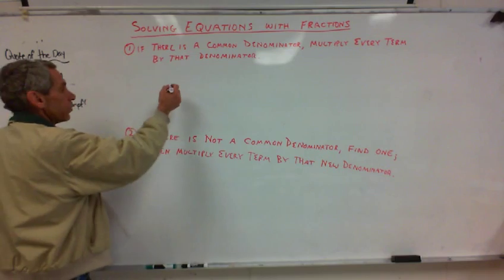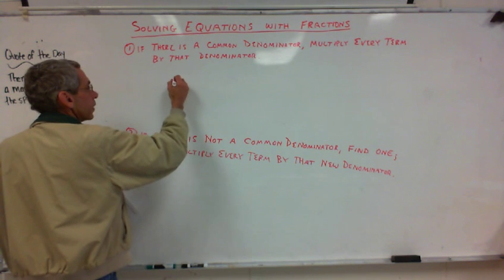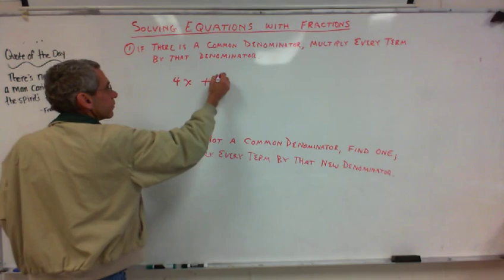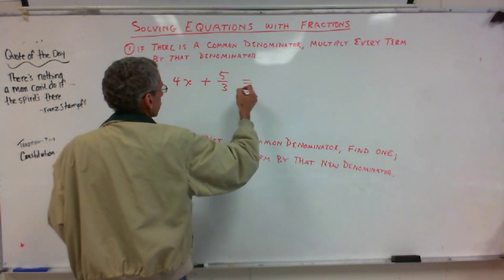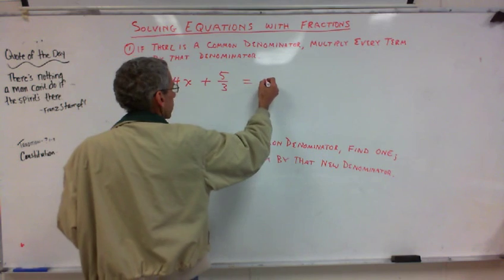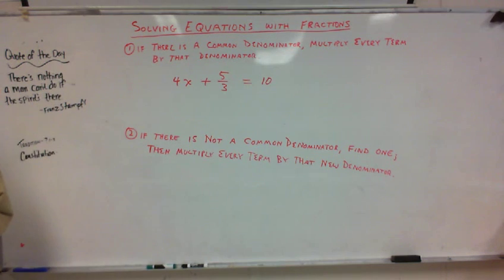So another example might be, let me think. Let's say I had 4x plus 5/3 equals, oh, it doesn't matter, equals 10. Oh, I know what to do. All right, so that looks hard.